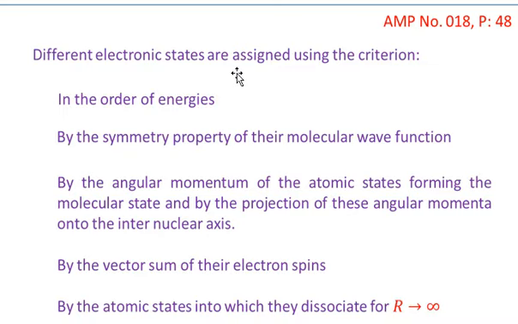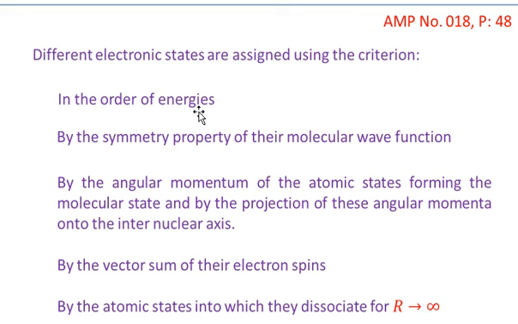Different electronic states are assigned using a criterion. So you see that due to the following reason, different electronic states are possible. For example, in the order of energies. If there are different values of energies corresponding to different electronic states, then of course the electronic states will be arranged in the order of energies.